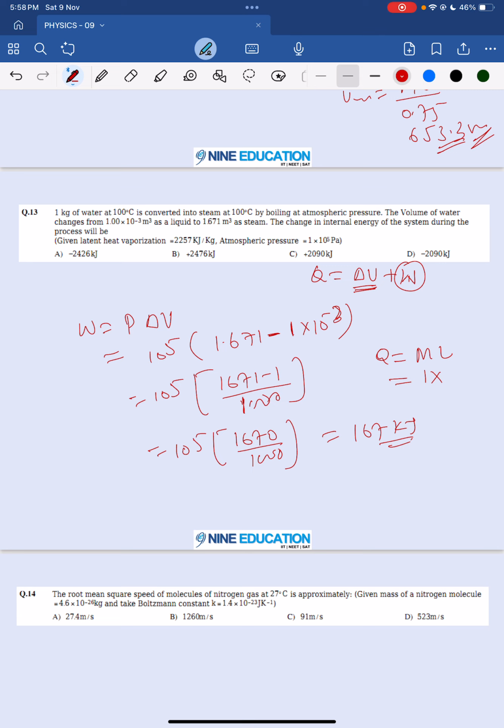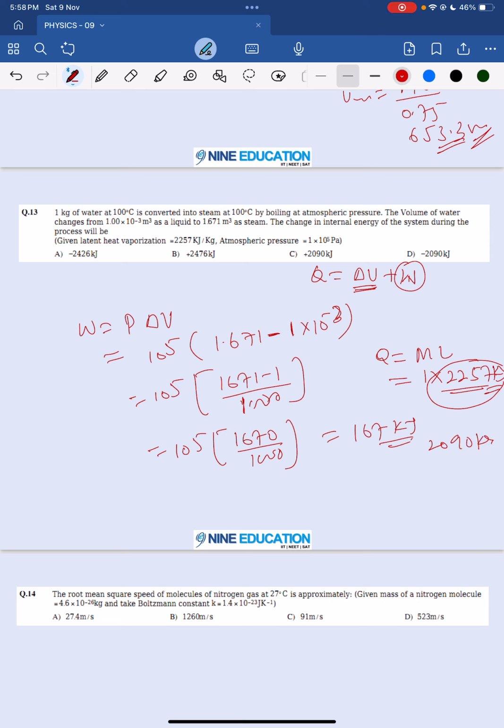That means what is the latent heat of vaporization? It is 2257. So this much amount of kilojoule is basically heat that we have given to it, correct? So the total, it is going to become 2257 minus 167, correct, kilojoule mein. So answer is going to come somewhere around 2090 kilojoule.